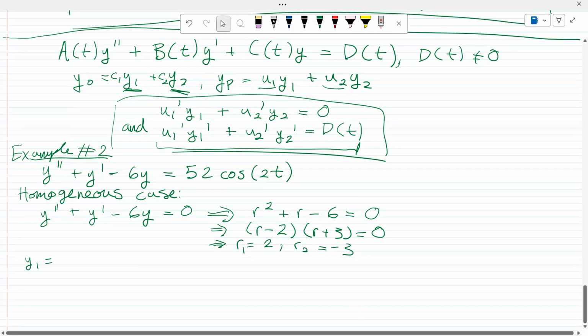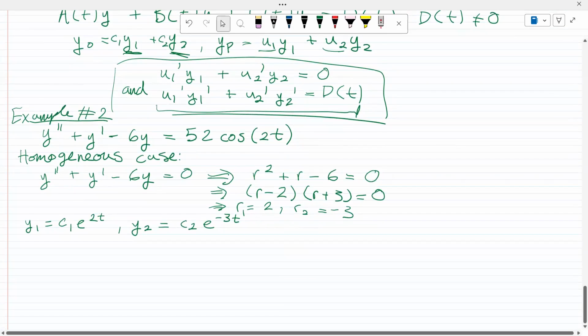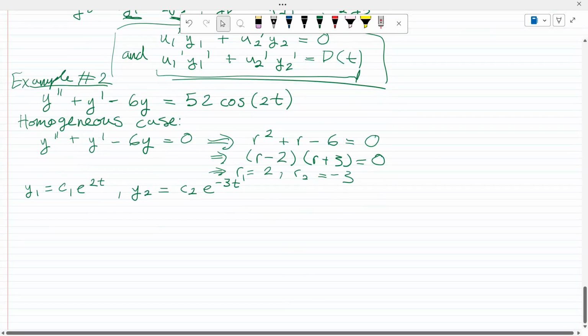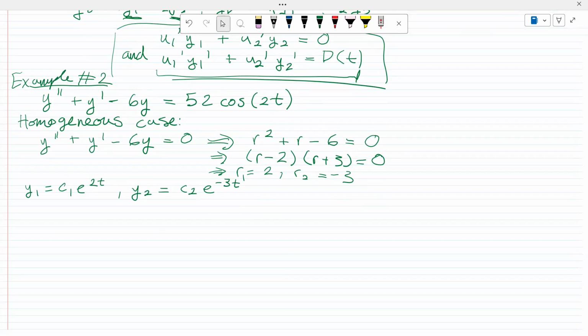So we know that y1 would be equal to some constant times e to the 2t. Then y2 is equal to some other constant times e to the negative 3t. But now, moving forward, we have to assume our particular solution yp is equal to u1 y1 plus u2 y2.